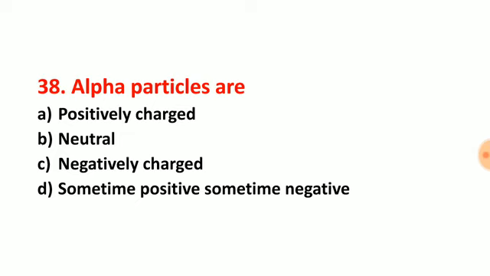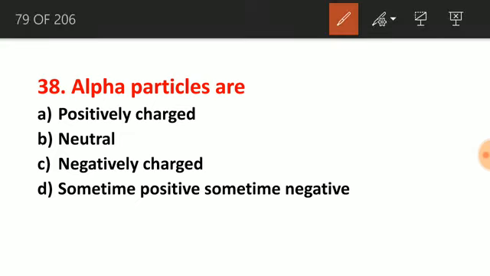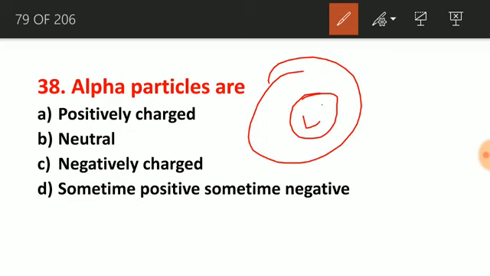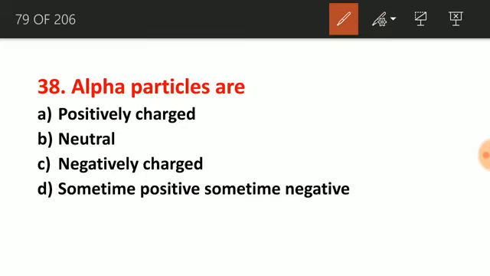Alpha particles, we know, are the helium nucleus. If there are 2 protons and 2 neutrons in the nucleus, and 2 electrons in the orbit at the surface, that is called a helium atom. If we erase the outer part and only what is left at the center remains, it is called an alpha particle.